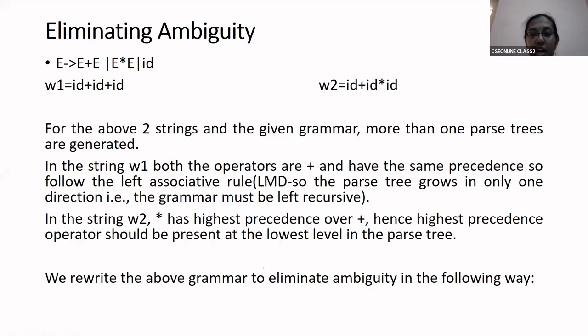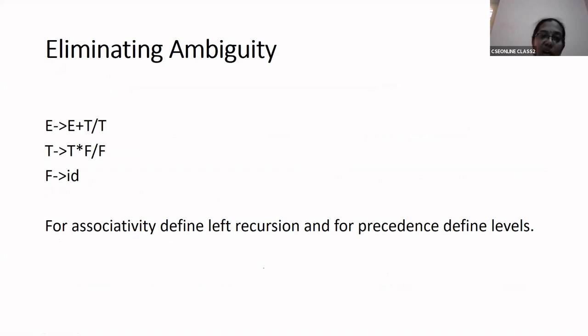Any expression having the highest precedence operator will be far away from the start symbol or the root node. That is mentioned here clearly: the operator should be present at the lowest level in the parse tree. So when you impose rules on associativity and precedence, you are eliminating the ambiguity. So this was the unambiguous grammar given for an ambiguous grammar.